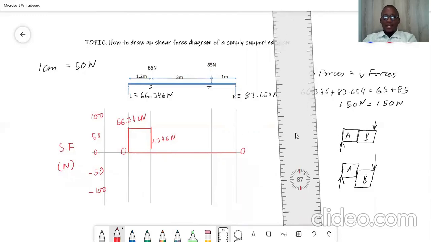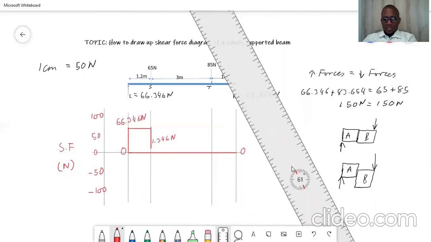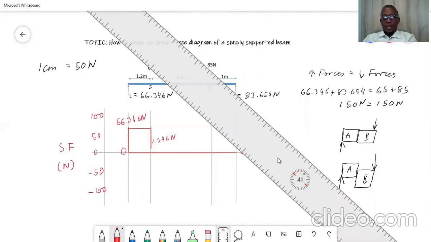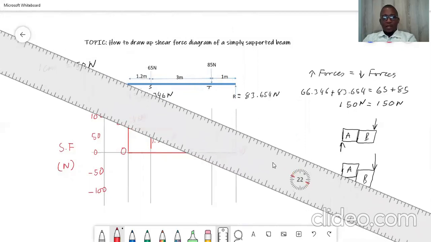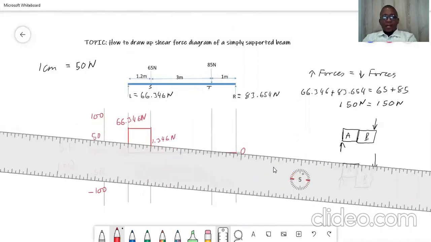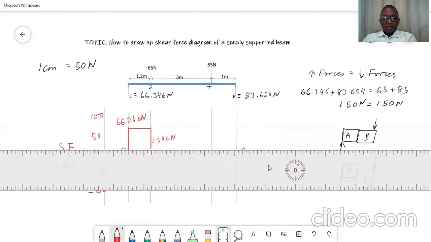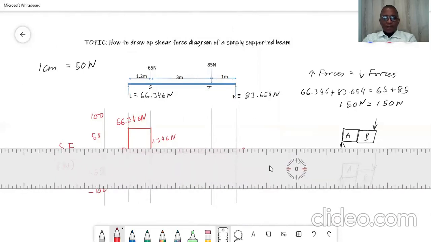Between S and T, there isn't any force at all. Let us carry on. We are almost there, good people. Let us draw this line up until 85.